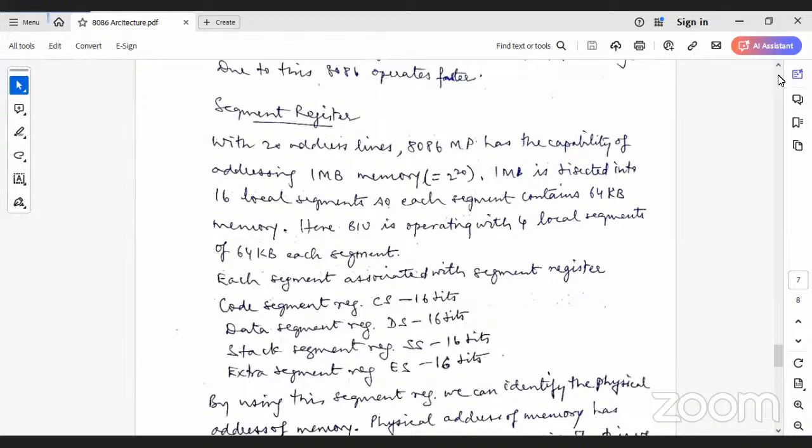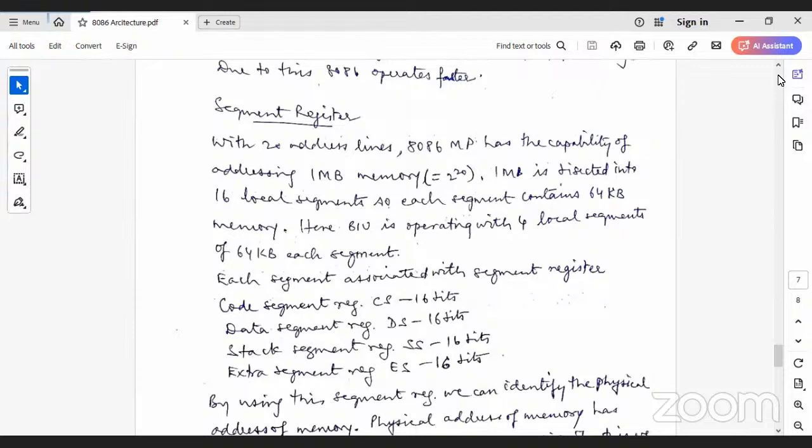The 1 MB memory available with your 8086 processor is bisected into 16 logical segments. In the figure only 4 logical segments are shown, and each segment has a capacity of 64 kilobytes. The short forms you are seeing, CS, DS, SS, and ES, are each 16 bits, and the size of each memory segment is 64 kilobytes.